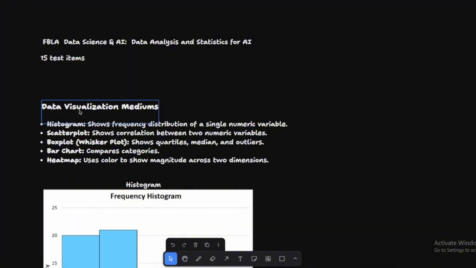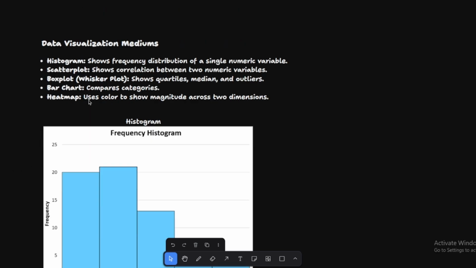Alright, so the first thing you need to know about is the certain types of data visualization mediums. So let's just dive right into that. A histogram shows frequency distribution of a single numeric variable. A scatter plot shows correlation between two numeric variables, which means how those two variables relate to one another.